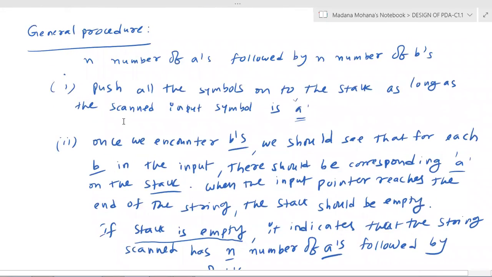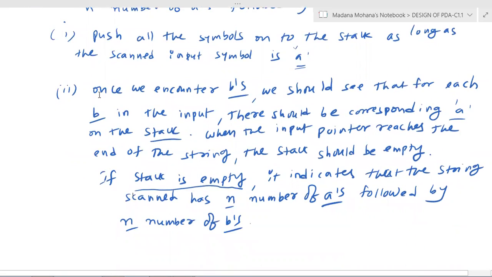Here, the first step, we have to push all A's onto the stack. The second step, whenever we see the input as B, then there exists a corresponding A on top of the stack. At that time, we have to erase or pop the top symbol from the stack.